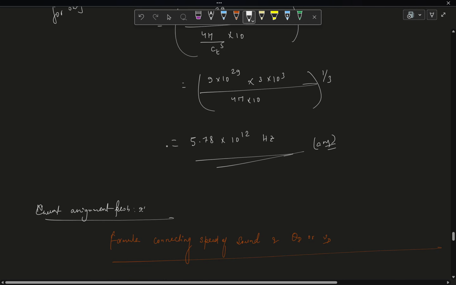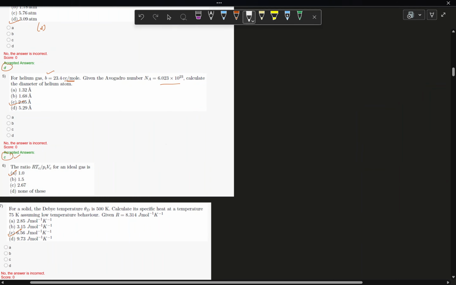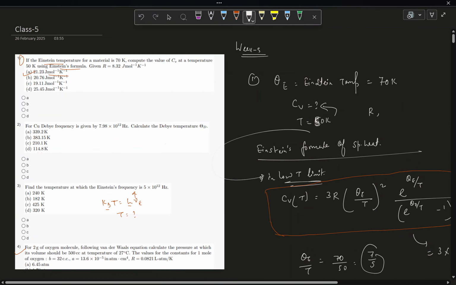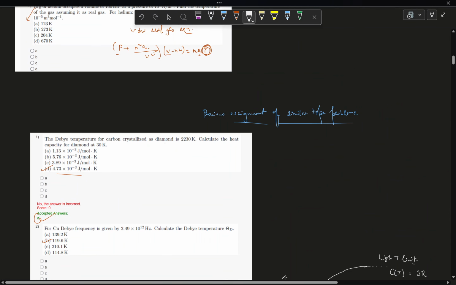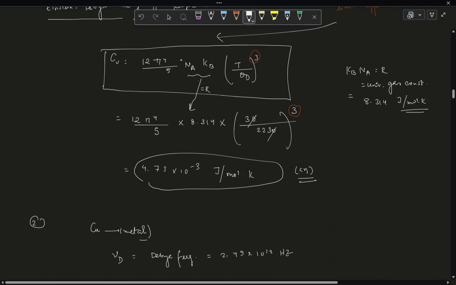Then I use the values of the terms given. In question number 9, you have to calculate Vs. A is 0.3 nanometer and temperature theta d is 100 Kelvin.